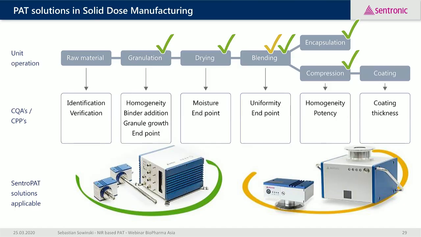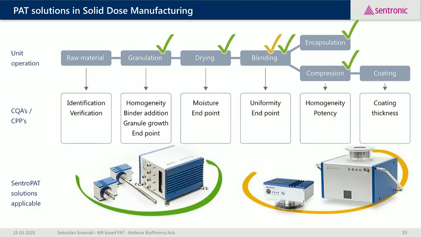There, the CPPs, as most of you probably know, are the homogeneity of the material, the binder addition, the granule growth and development, as well as the endpoint of these different processes. In case it was a wet granulation, the drying is most likely the next step, and there again the Sentronic FO can be applied to monitor the moisture in real time and to have the endpoint determination of this drying process.